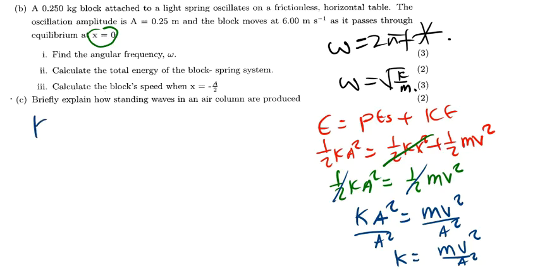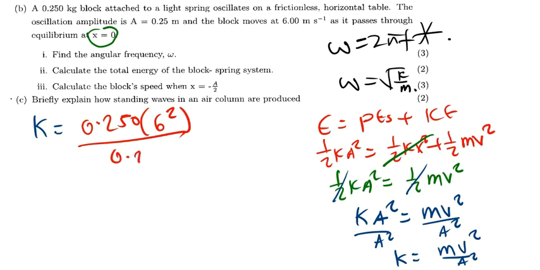Let's find the k value. The mass we have been given is 0.250. What else? The velocity is 6. We square it. The amplitude we have been given is 0.25. We square it. What is our k value?